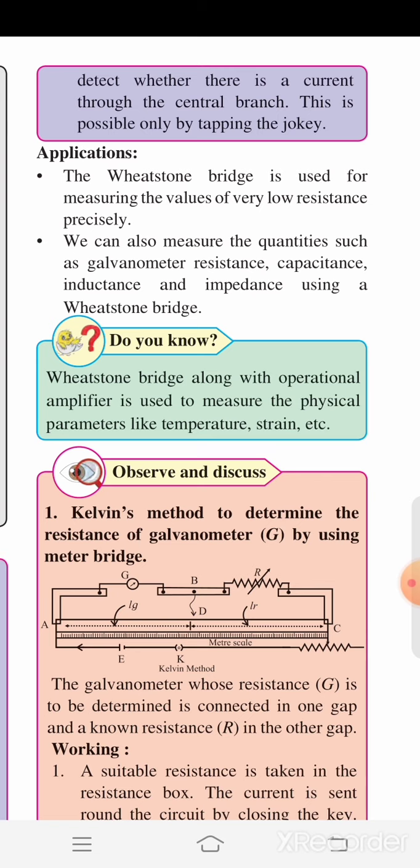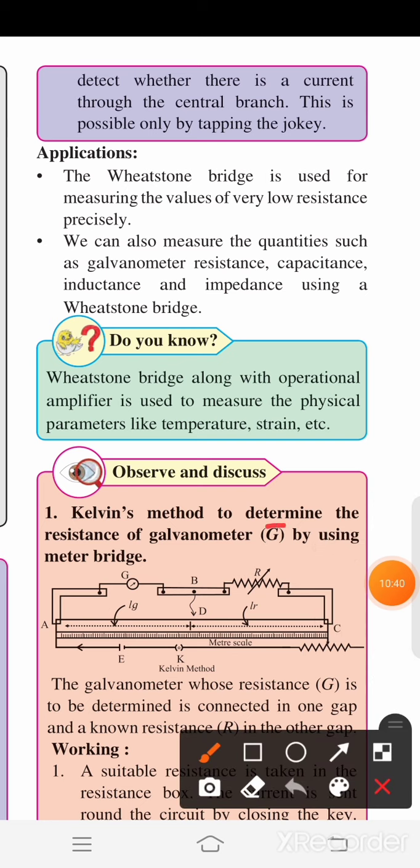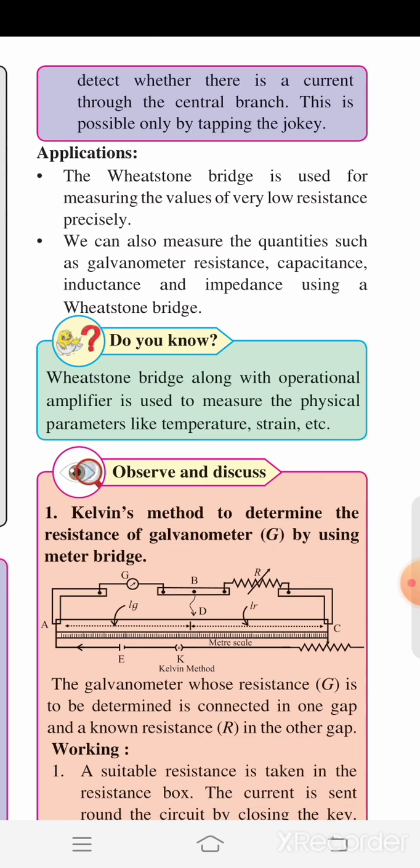So Kelvin's method to determine the resistance of a galvanometer, denoted by the symbol capital G, using a meter bridge. That is the circuit diagram of Kelvin's method.